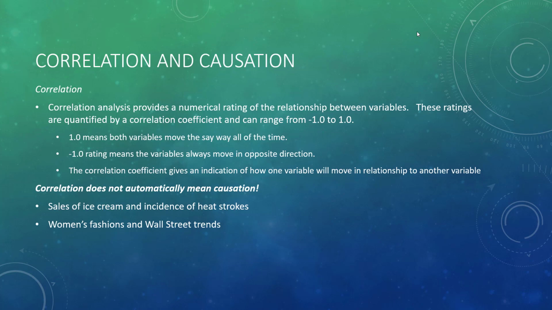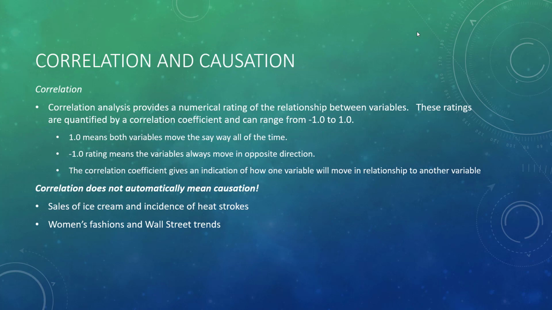Correlation does not mean causation. The two examples here: sale of ice cream and incidents of heat strokes. In the summer it is hot, and because it's hot, there's an increased sale of ice cream to people. But also because it's hot, there is an increase of heat strokes or heat injuries.